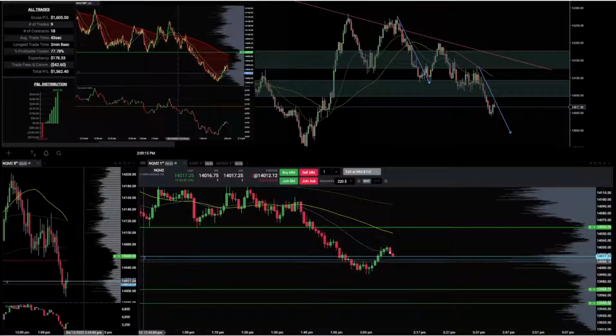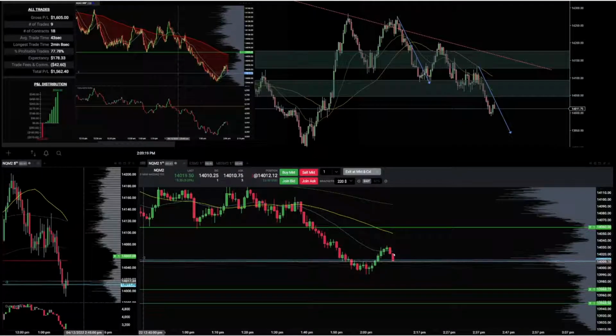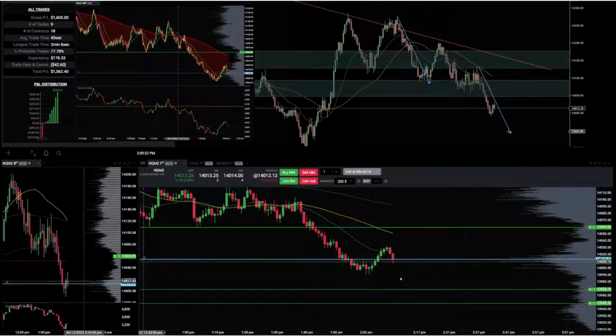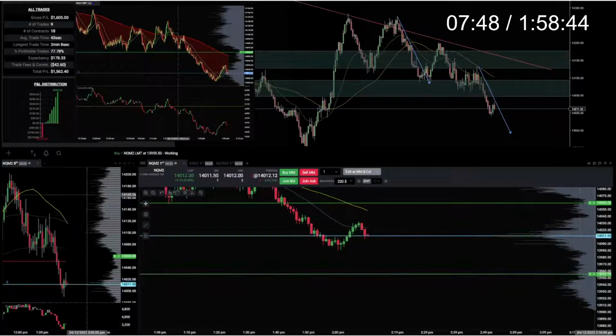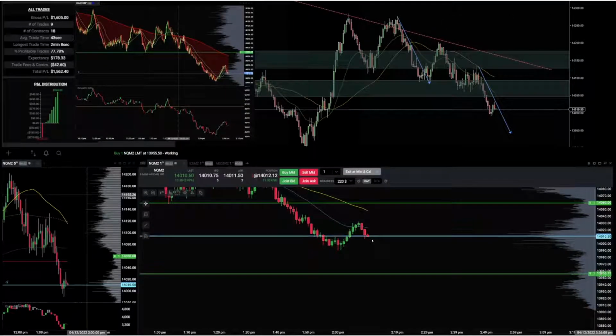So then I was waiting to see the price break this level again, and then finish this pullback and then continue the original move. Okay, I'm now break even.